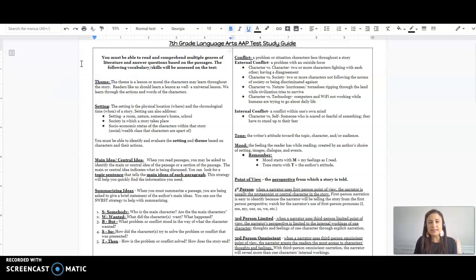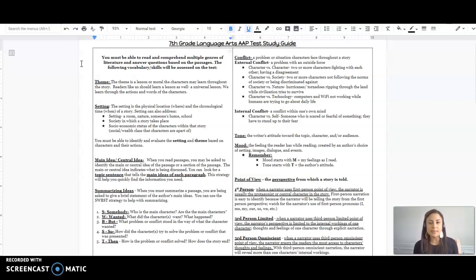We have been discussing theme throughout the entire school year. Remember that theme is a lesson or moral the characters may learn throughout a story. Readers like us would be able to learn the lesson maybe through the characters' actions and dialogue. So it's something that we're learning. Think about us reading Theseus and the Minotaur and how Odin lost his eye.